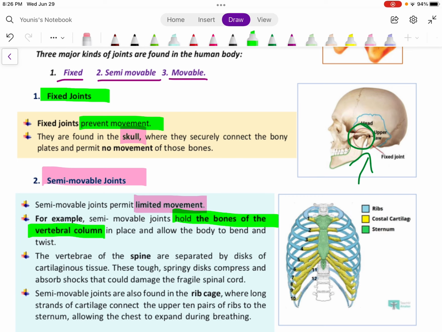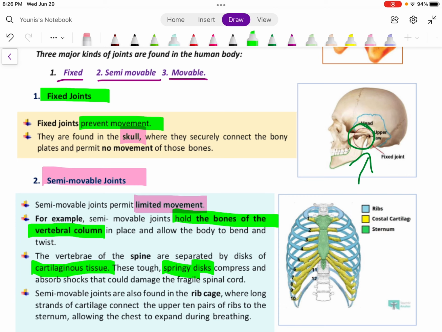I believe these discs are mentioned here, cartilaginous disc. These discs are made up of cartilage tissue, and they provide a limited movement for the vertebral column. Like when you are bending your back, you're making a little movement in your back. This is where the semi-movable joints are found.